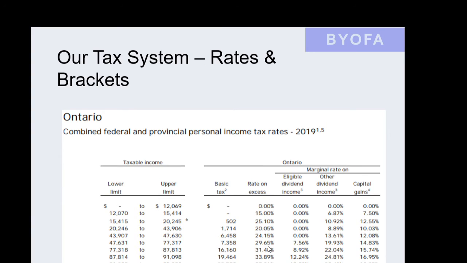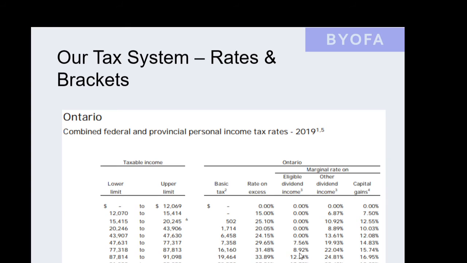My marginal tax rate is, I'm going to call that 30%, 29.65. If I get $1,000 of interest income, I have a GIC for instance, it pays me $1,000, I get to keep $700 and the government takes $300. Now, so that's interest and dividends from non-Canadian corporations.